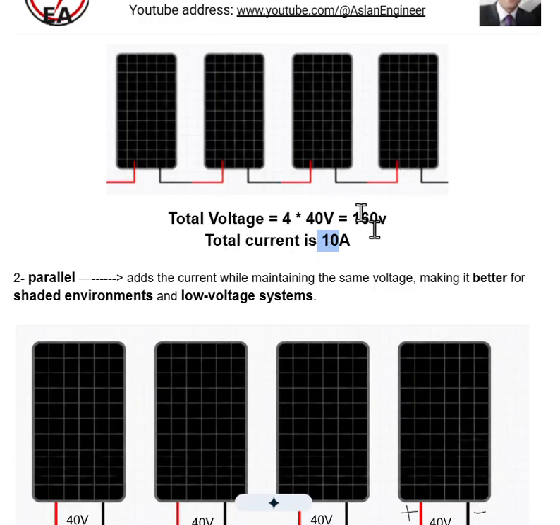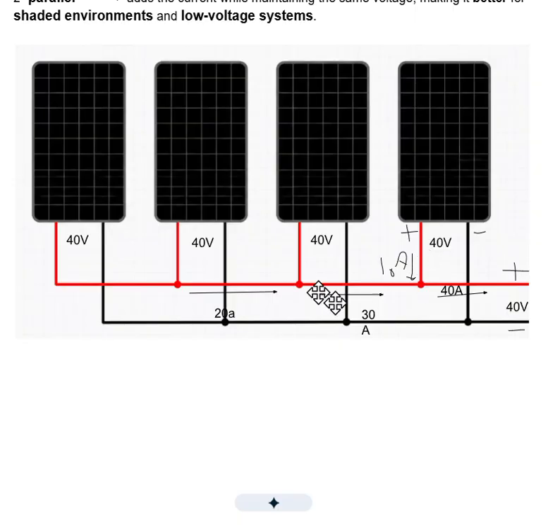If this panel is 10 amp, but in parallel we increase the amp, the current of the panels. For example, this panel produces 40 volts, so the 40 volts is for the total. Here 40 volts, positive, negative, same as the panel voltage, but the current here is 10 amp for this panel, 10 amps coming from this side.